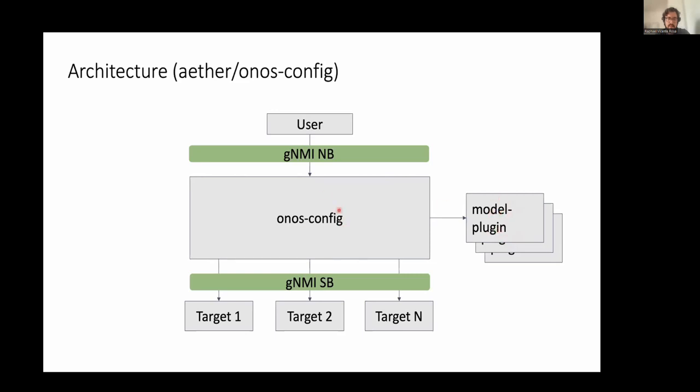What onos-config basically does is consume the user definition of the models that are defined and programmed in the northbound to different or multiple targets using gNMI. And that allows you, for instance, to have different adapters from different domains here, RAN, core, and fabric, using different model plugins to be configured by a single point of entry here in the northbound.